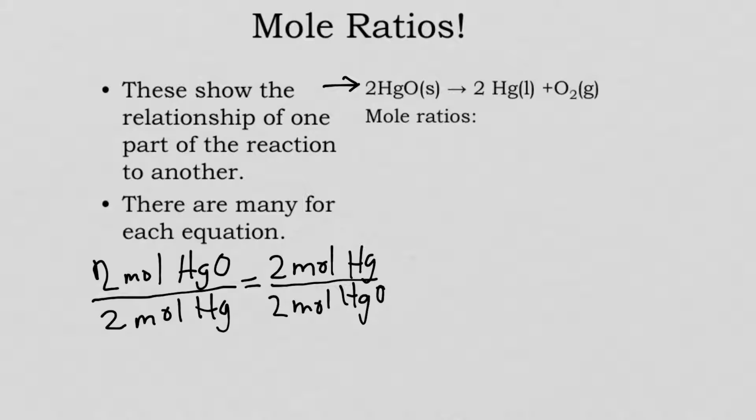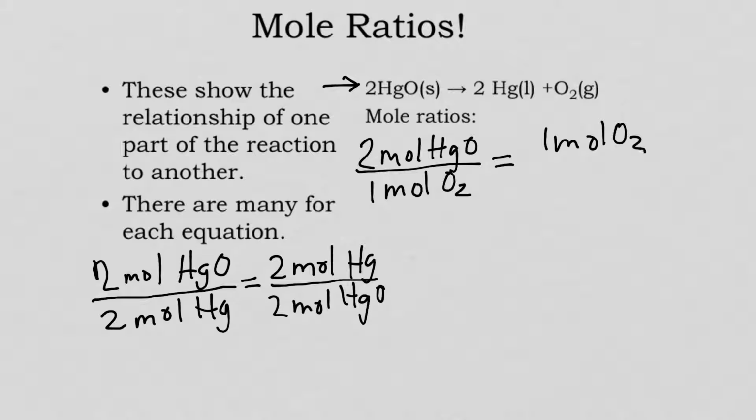Another example, again, is our 2 moles of HgO all over 1 mole of our O2. You see the numbers come from the coefficient in the equation. And again, that is equal also to its reciprocal. You are required to write down the chemical formula of what you're talking about.